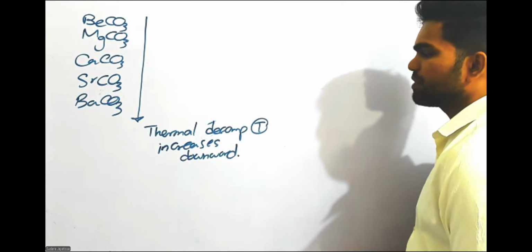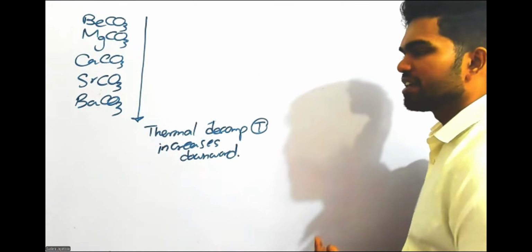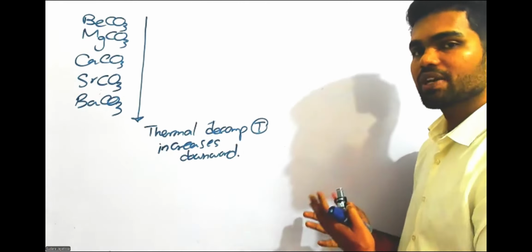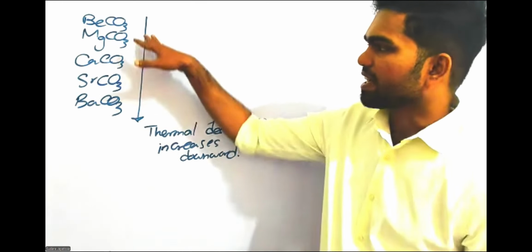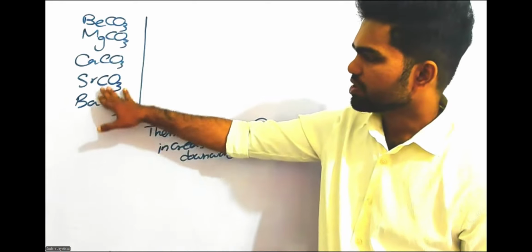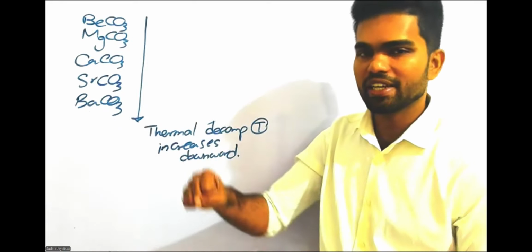If the thermal decomposition temperature is getting higher, that means this compound will become more stable downward the group. That's why it is difficult to thermally decompose. Which means magnesium carbonate and calcium carbonate are weaker, while strontium and barium carbonates are stronger. That's why it is difficult to break the bond.